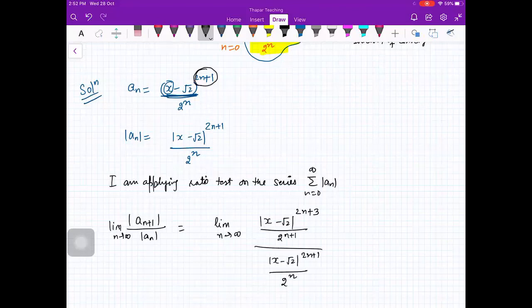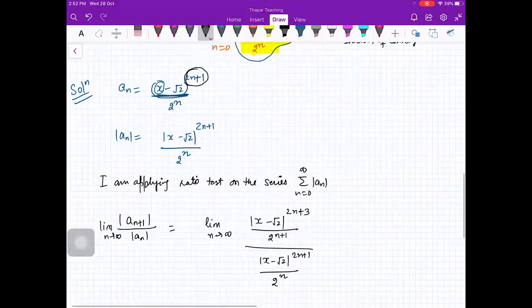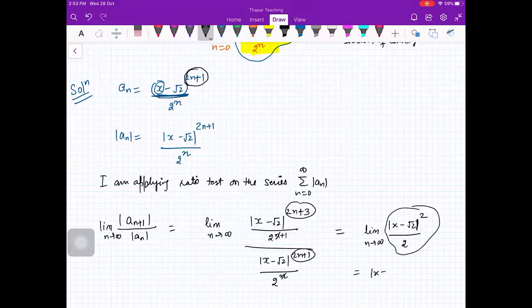Here you see these powers will subtract. So you will get x minus root 2 raised to power 2 divided by 2, limit n going to infinity. Now you can see that there is no n involved. So this is going to be your limit.